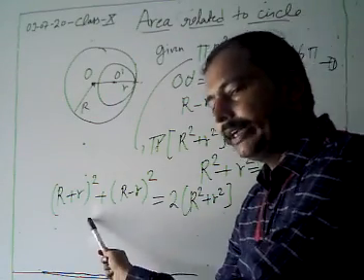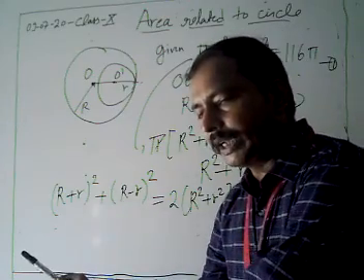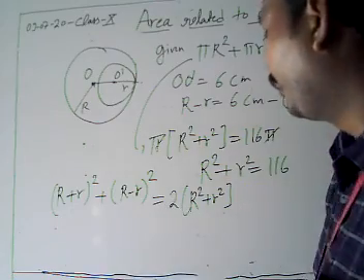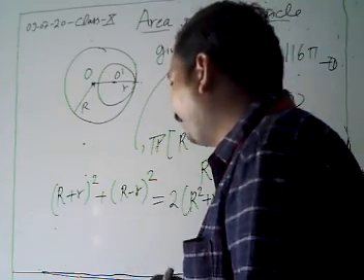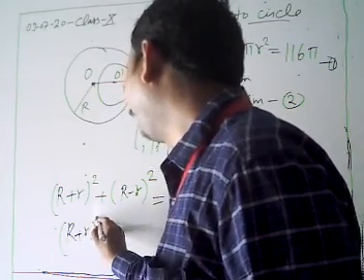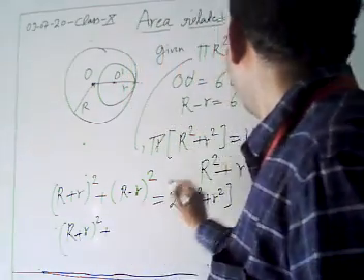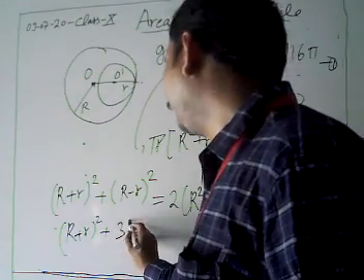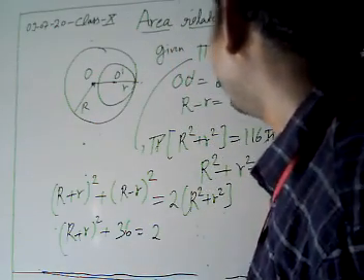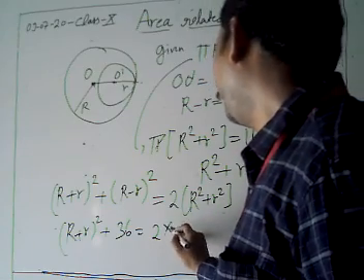When we add these, we get 2 times capital R square plus small r square. Now we are going to use this identity. We have to find this value. Write down (R plus r) whole square. The value of R minus r is given as 6, then we get 36, and the value of R square plus r square is 116. Then multiply with 2 into 116.